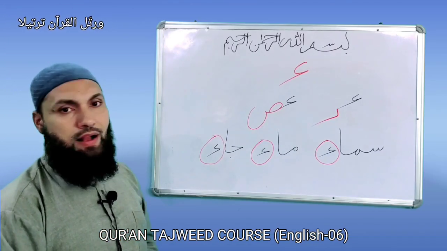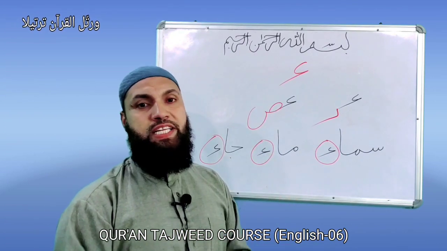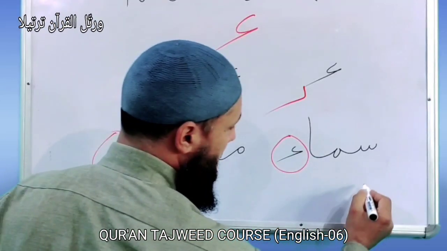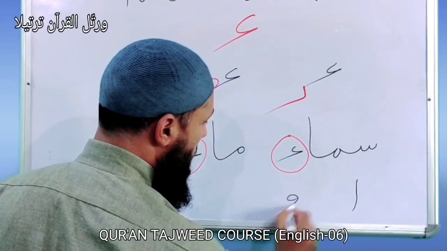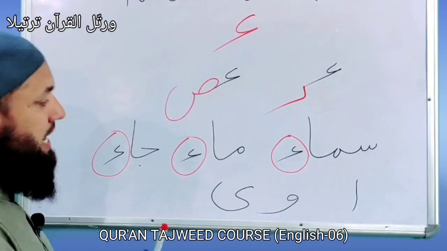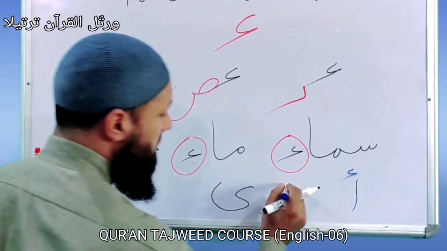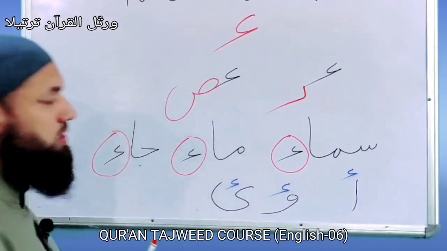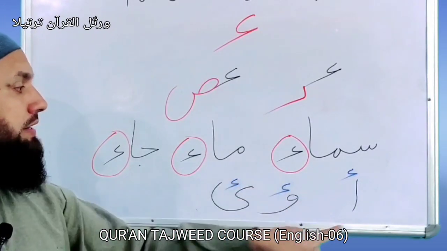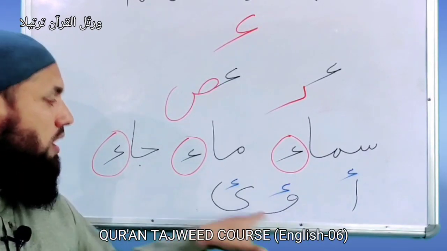Or hamza may be used over another letter and the letter which is underneath hamza will be called the seat of hamza, like alif, waw or ya. So these 3 letters can be used as a seat of hamza. So hamza can be written over alif, over waw or over ya. So hamza can be used both ways. It can be used independently or it can be written over a seat, that is alif, waw or ya.